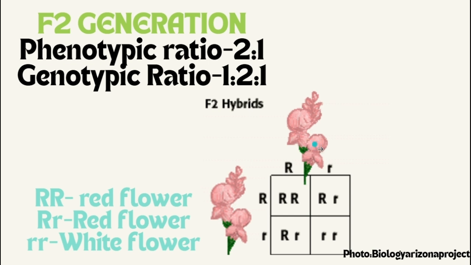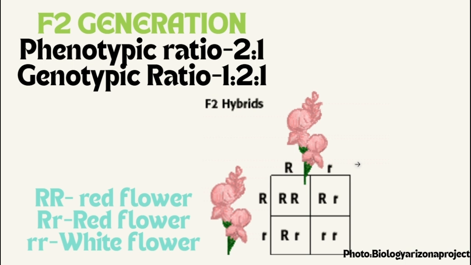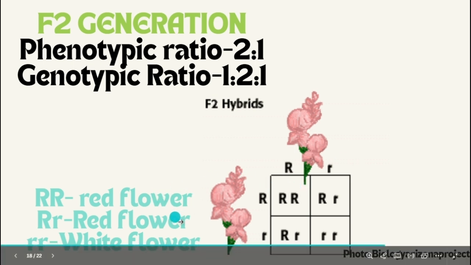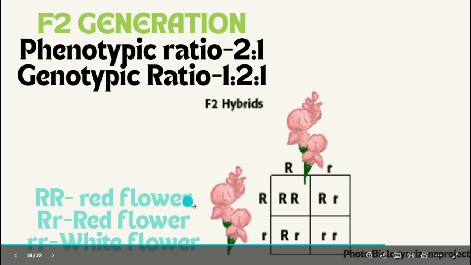Now when we go to the second generation, if a heterozygous crosses with another heterozygous, we're going to use big R for red flowers, big R, little r also for red flowers, and little r for white flowers. Red is the dominant trait, and both these genotypes code for it, and little r is white, which is recessive.